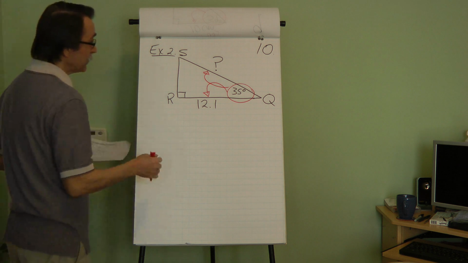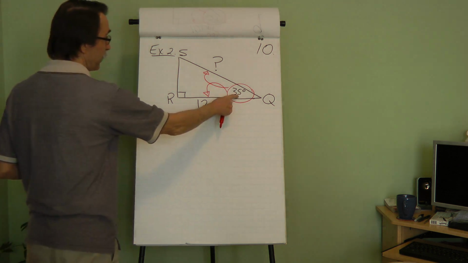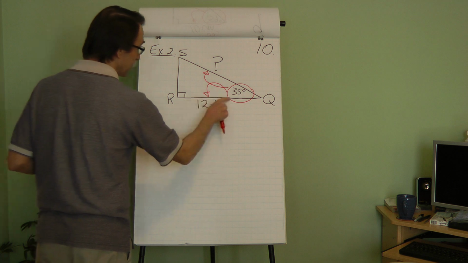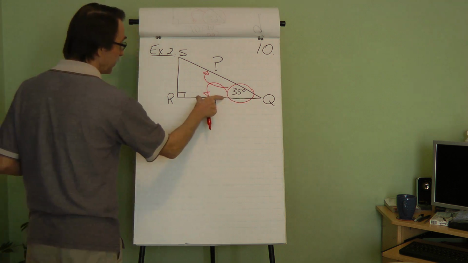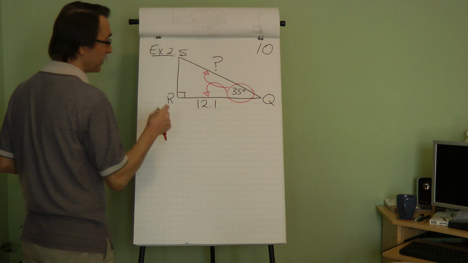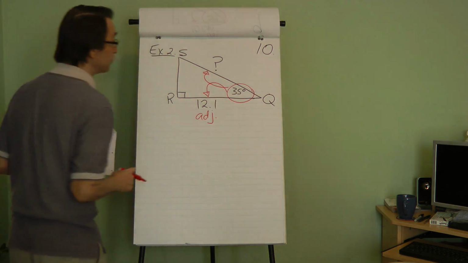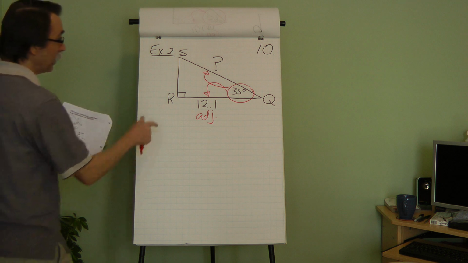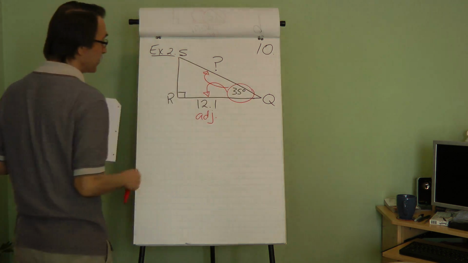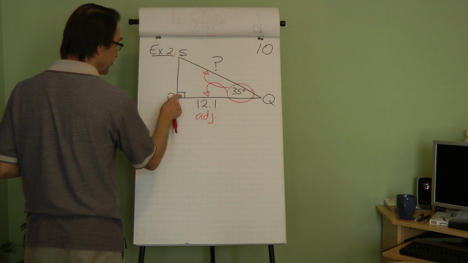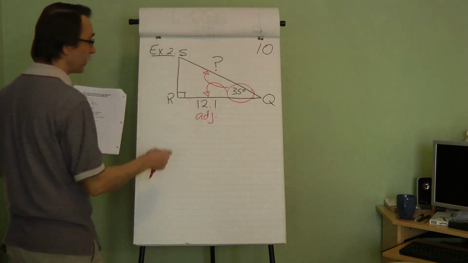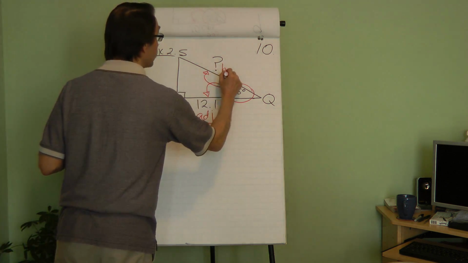So, what are the names of the sides? Well, we have 35 degrees here, and we have this length. Now this length is touching, is part of the angle. It's the adjacent. The longest side is always the hypotenuse. And remember, the longest side is directly across from the right angle. So this is the height.